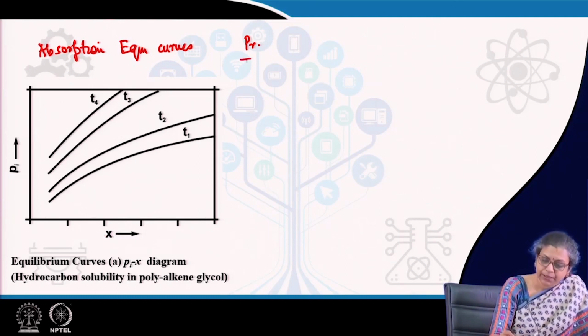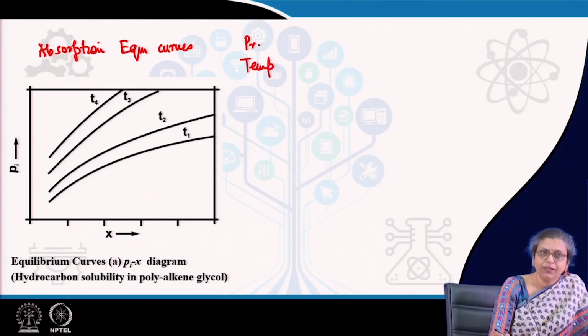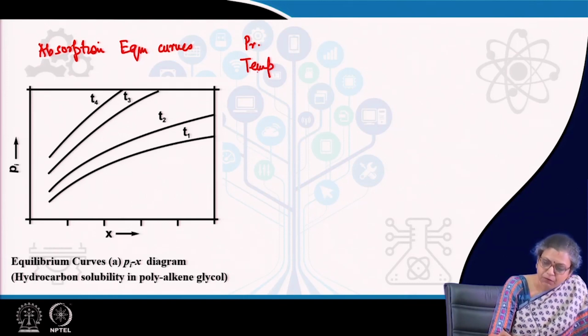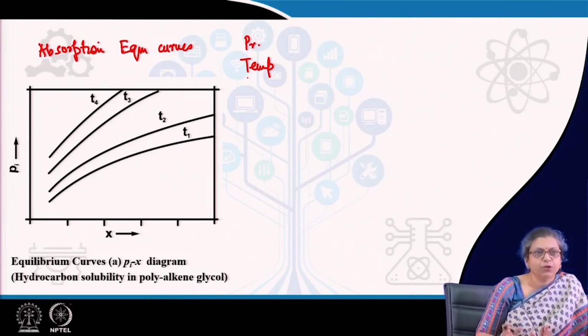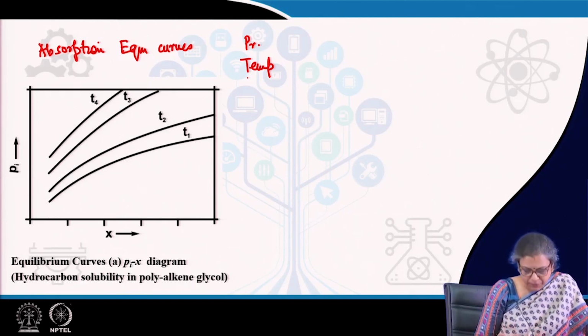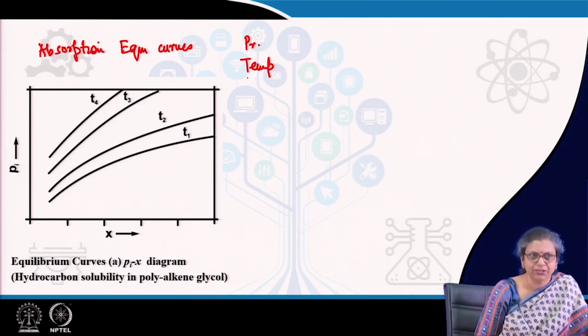How does temperature influence? With increase in temperature, if any particular process liberates heat, then that process becomes slower as we go for higher and higher temperature. This is from Van 't Hoff's law, we know.